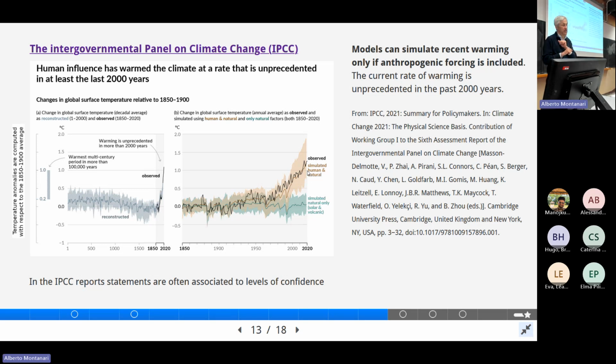Some people say yes, but if we consider additional sources of uncertainty, the size of the bands would increase, and they would become almost overlapping. I just try to give you an idea of the debate, because I think this debate is really important.